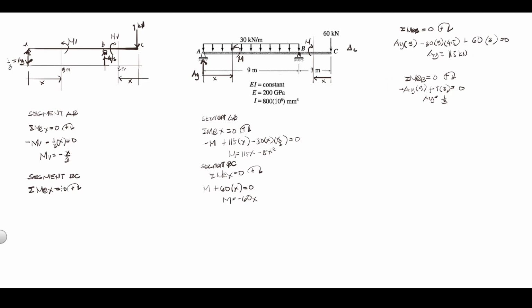Considering the right part, kung saan ang galing yung X, we have MV, positive tayo dyan. And then 1 kilonewton times X is equal to 0. So our MV is equal to negative X. Okay, so tama naman yung ating equation.